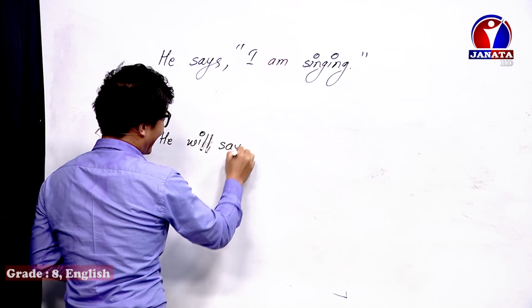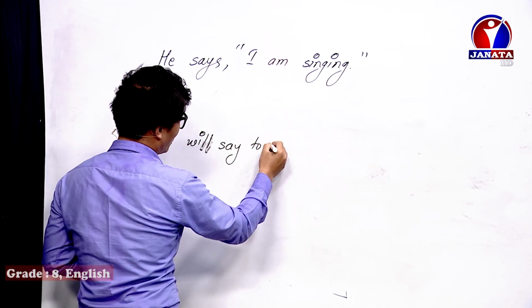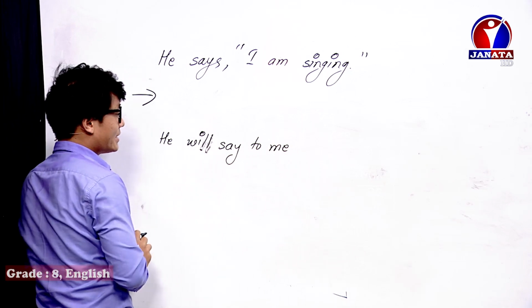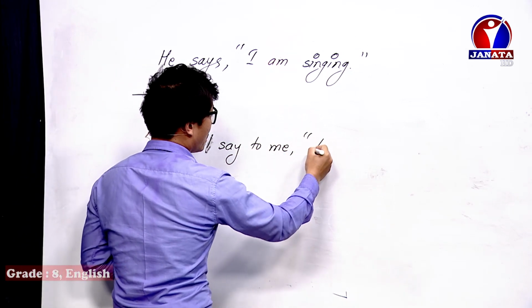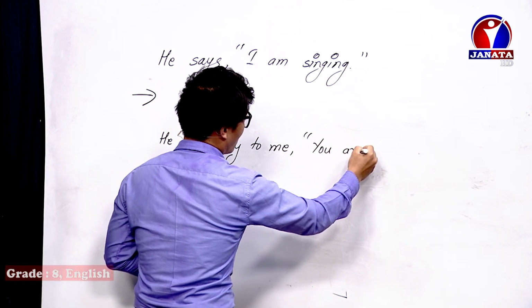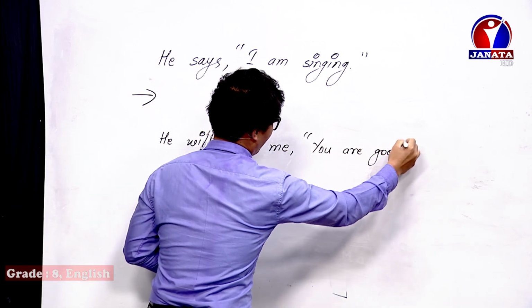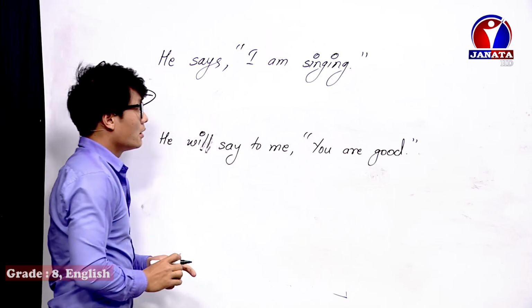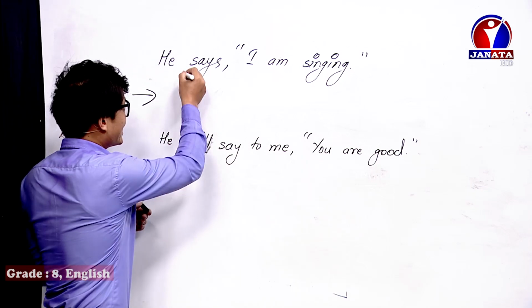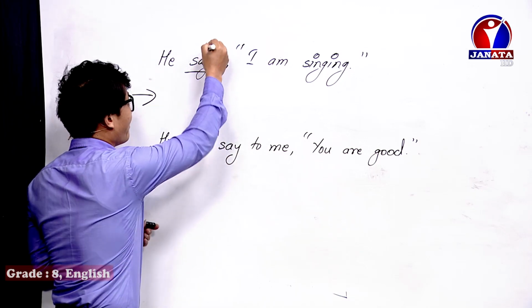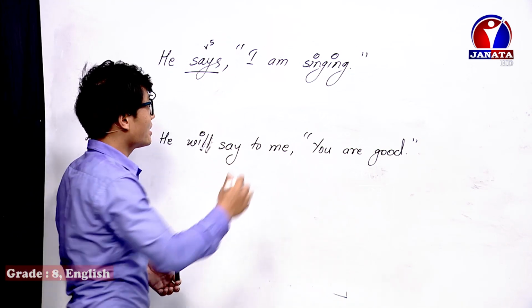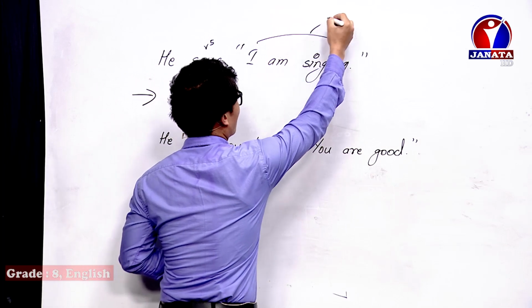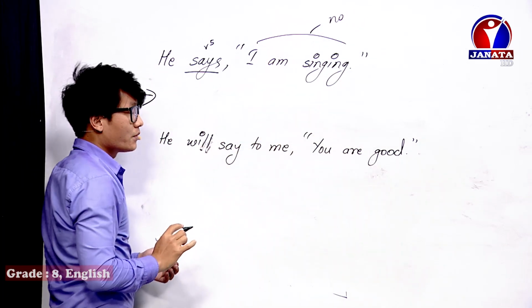He will say to me, comma, inverted comma, you are good. You are good. Okay. So you can see says is verb 5. Verb 5 means this is present tense. When there is a present tense, the tense of this has no change. Okay? No change.